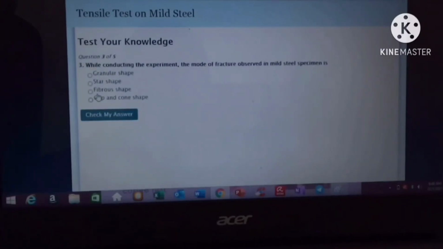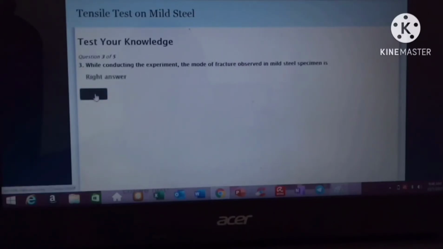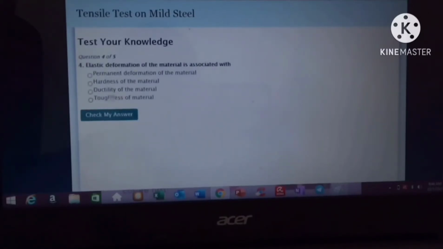Question 3. While conducting the experiment, the mode of fracture observed in mild steel specimen is cup and cone shape. Question 4. Elastic deformation of the material is associated with ductility of the material.